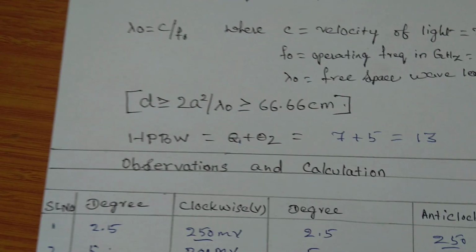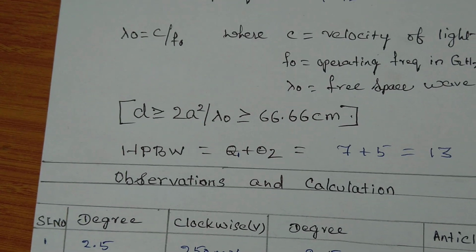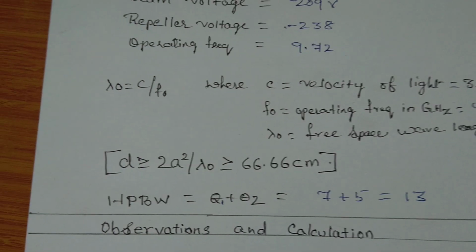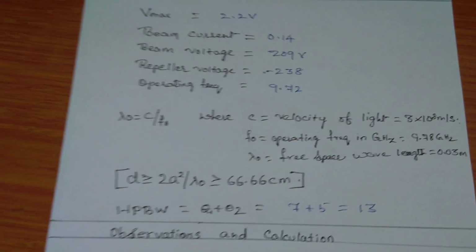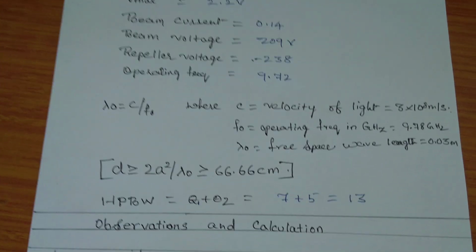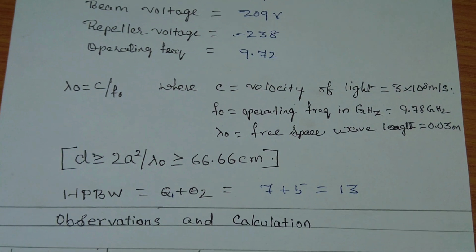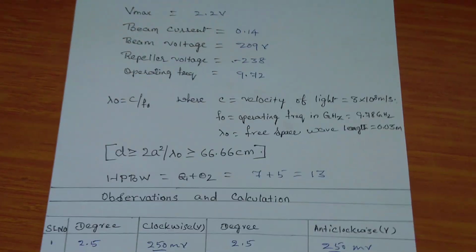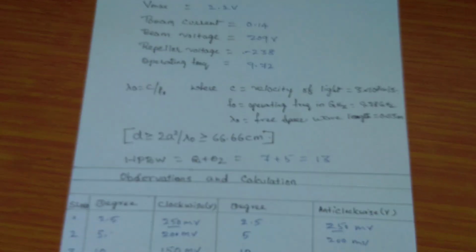So if you place 13 centimeters in 2a squared divided by lambda naught, you will get 66.66 centimeters, whereas for the parabolic dish we got around 2.6 meters. Now the distance between the transmitter and the receiver is 66.66 centimeters.